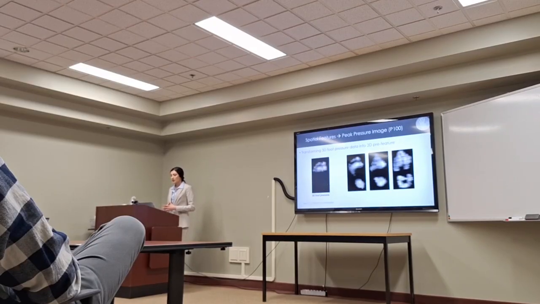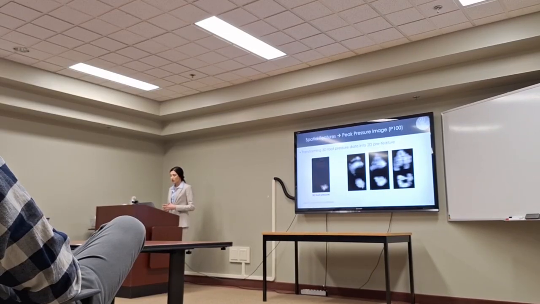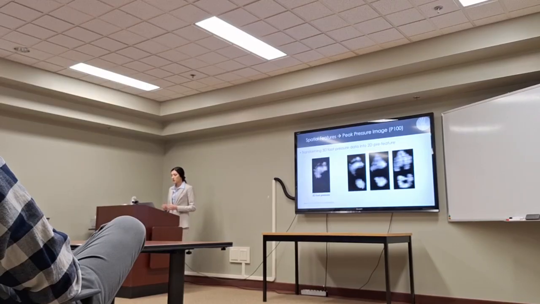On the right side, you can see samples of P100 images for different footwear classes. As can be seen, the visual characteristics vary significantly based on the footwear type. While previous research demonstrated the promise of the P100 feature, it primarily focused on barefoot data. In this work, we investigate how different footwear impacts the model's performance.